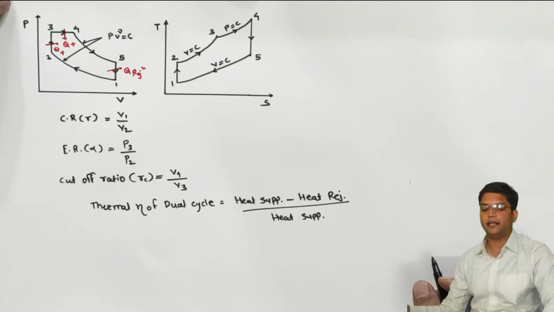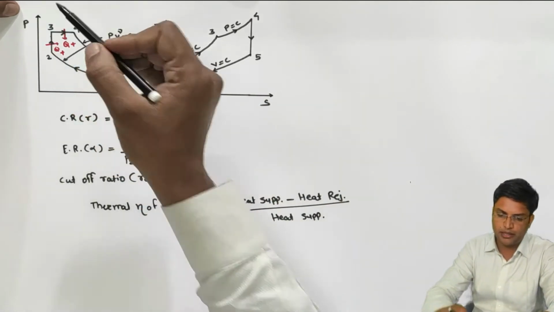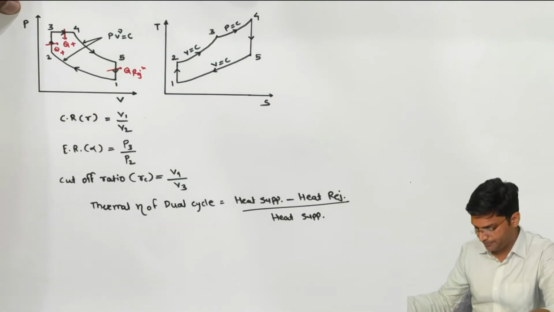Now in this cycle heat addition takes place partially at constant pressure and partially at constant volume.